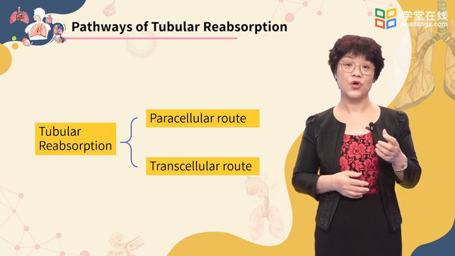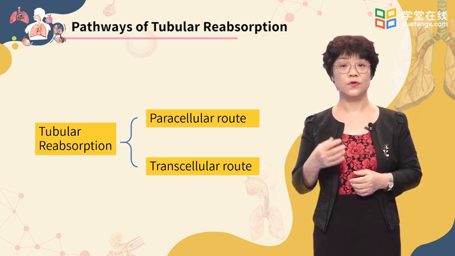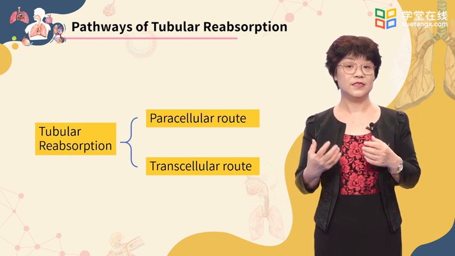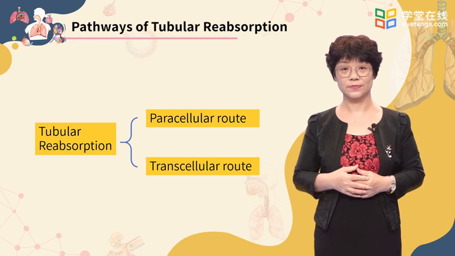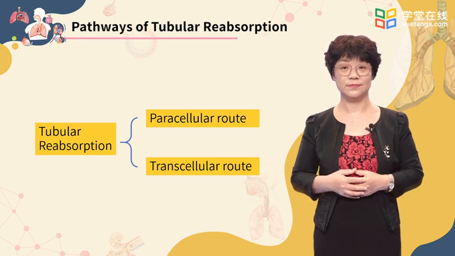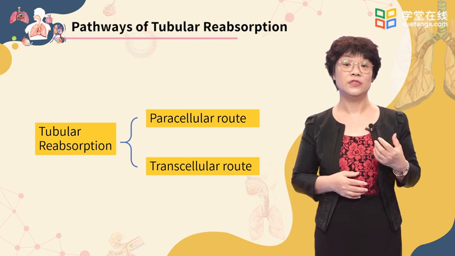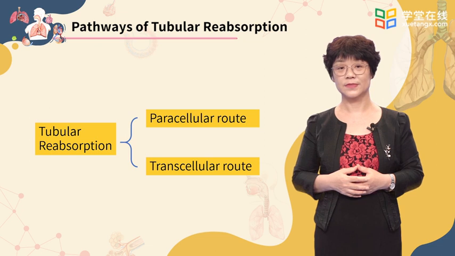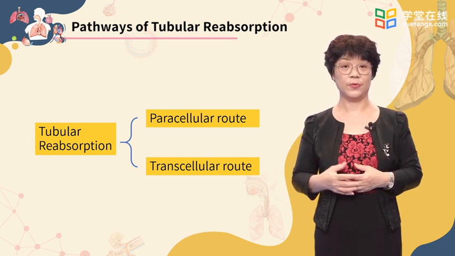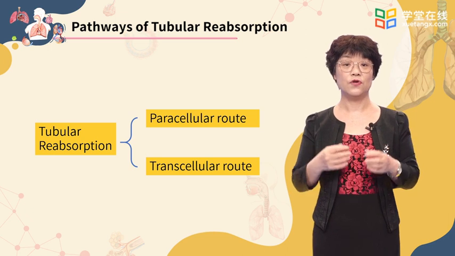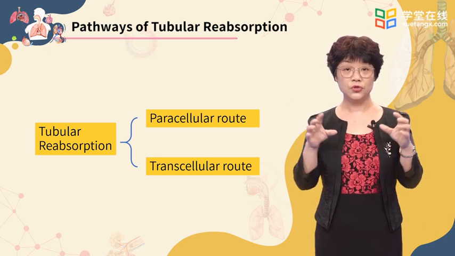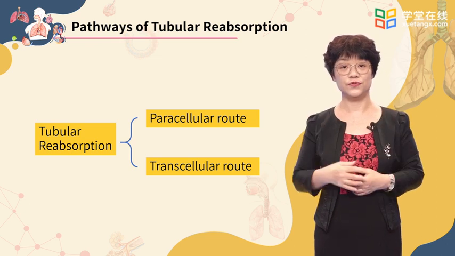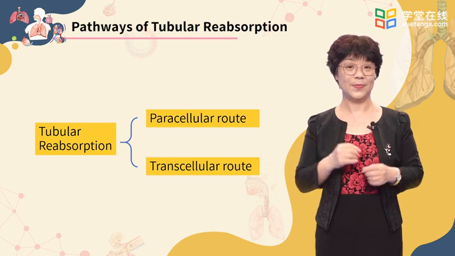It involves transport of substances from tubular lumen into interstitial fluid through the intercellular tight junction, usually by diffusion, and then from interstitial fluid into the capillary. The transcellular pathway involves substances from tubular lumen moving into the cell, from there into interstitial fluid, and then into the capillary.